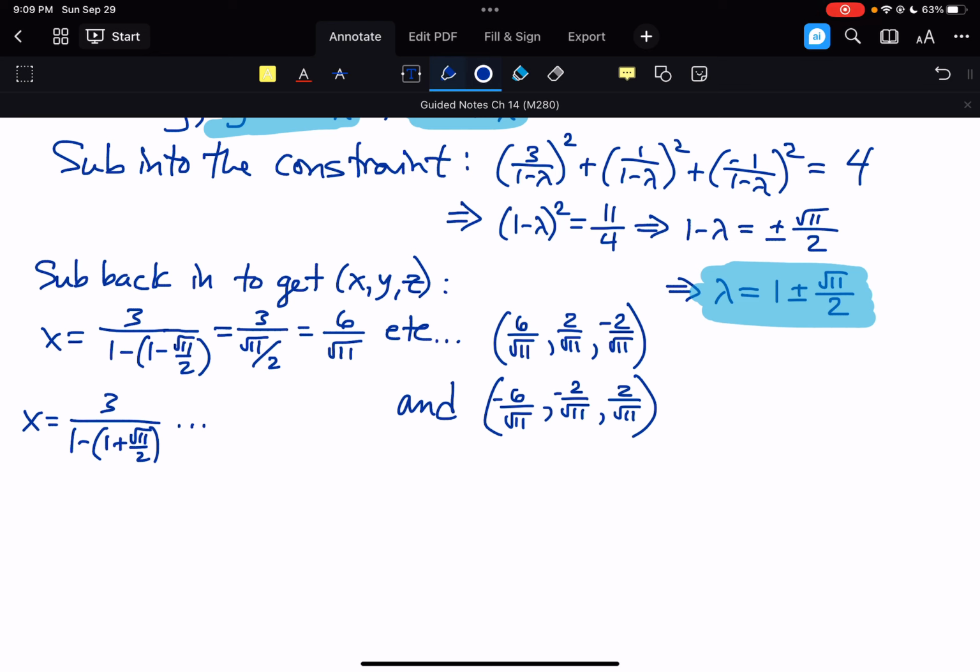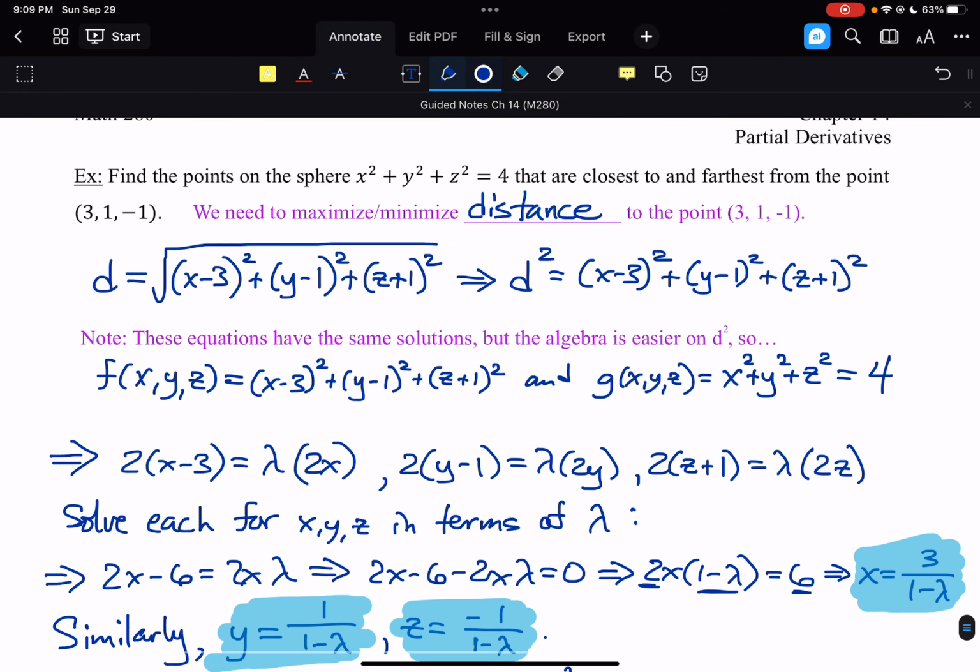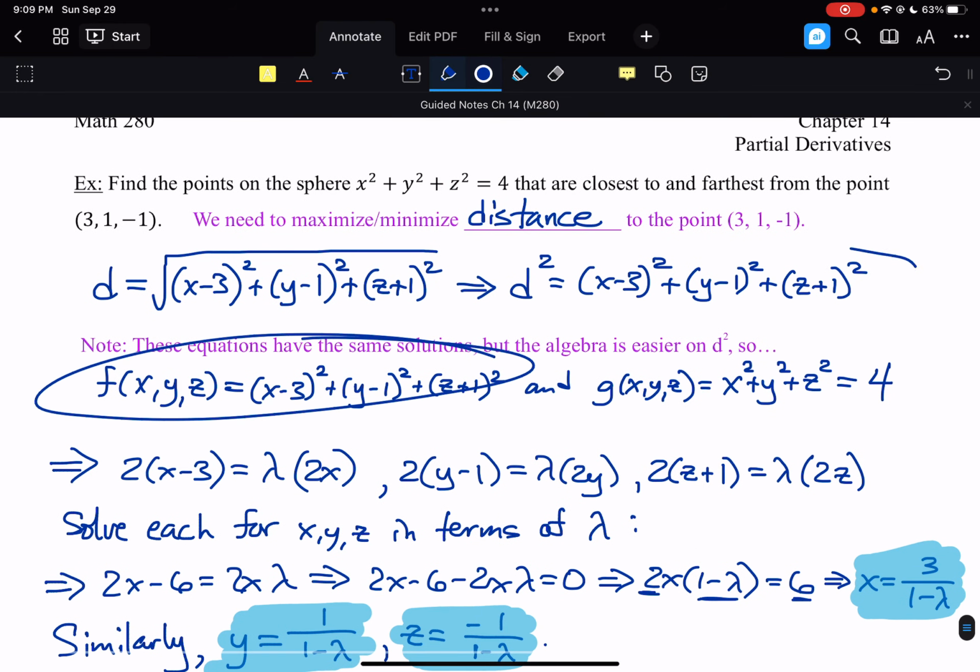And the question is, which one of them is the maximum and which one is the minimum? So we would check this in either f, right, which is d squared, or you could check it in d, like in the distance formula.